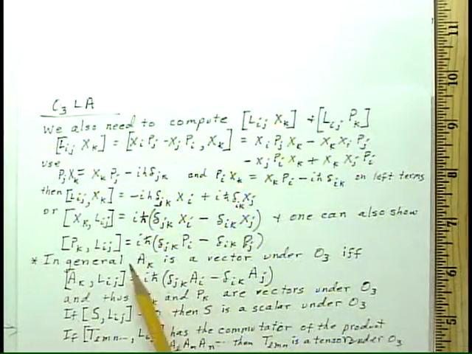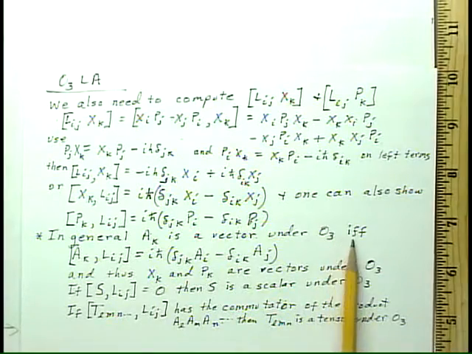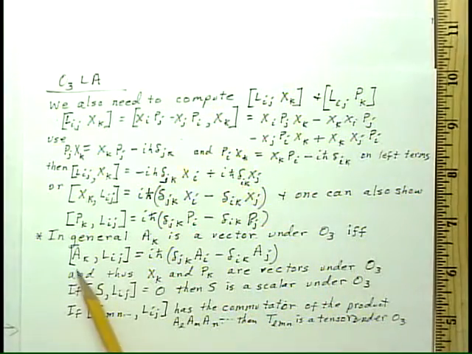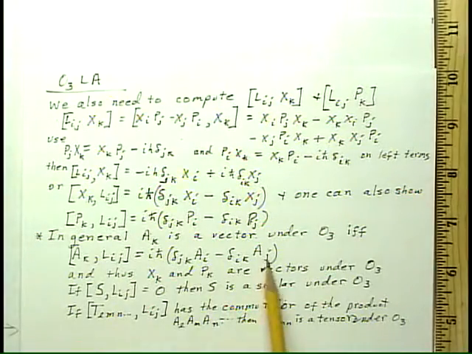In general, if we have an object a_k, it is a vector under O3 if and only if a_k commuted with L_ij is equal to iħ times a_i and a_j with the delta functions in front in exactly the same forms as the x's and the p's.